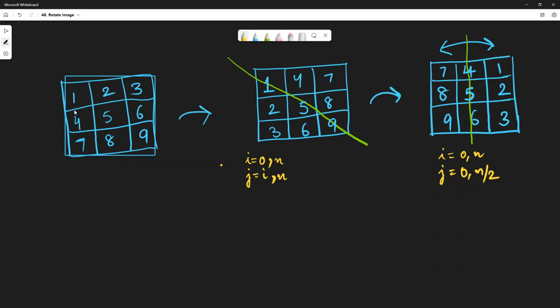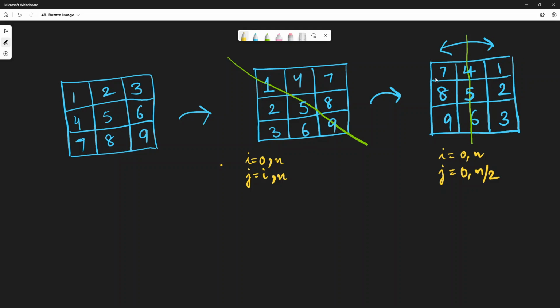Our first column has almost become our first row, except for the case of this 7, because here we are required to just flip it, right? So except for that case, we are required to flip left to the right. That is what we are now required to do in this scenario.